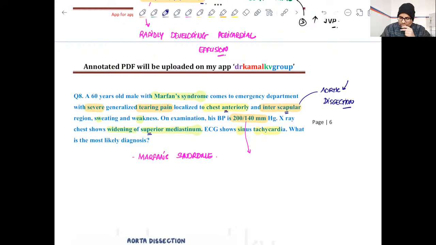And suppose if this is tunica intima, this is tunica media, and finally there is tunica adventitia. So what happens? The blood is normally supposed to flow like this, but what is happening? The blood enters into the walls of the aorta.